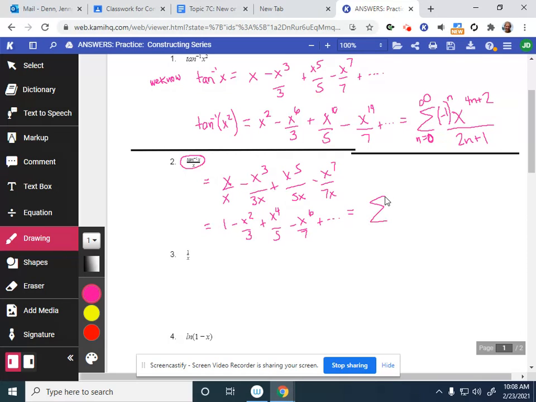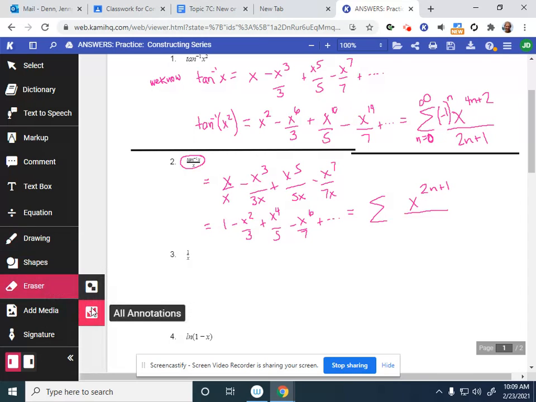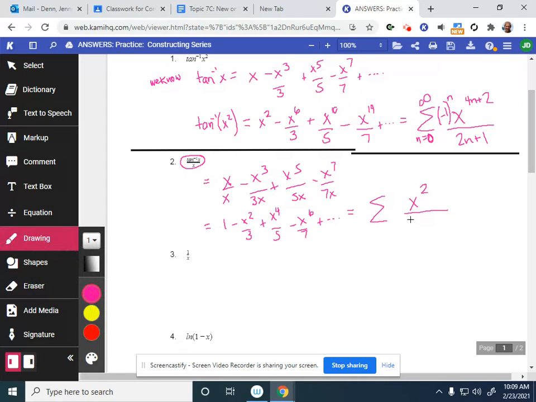So for our general term, we are raising x to all the even powers, so we're going to have 2n. The bottom is going to be all the odd powers, so 2n plus 1. And I'm going to have an alternator.